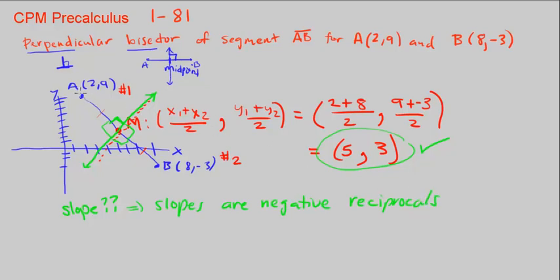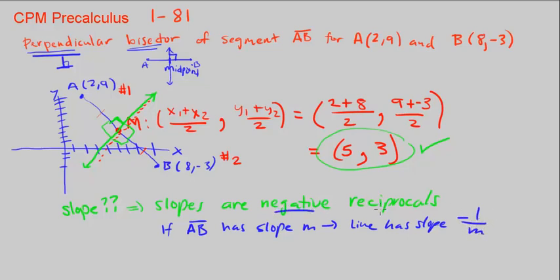So if AB has slope m, then because it's a perpendicular bisector, our new line has slope -1 over m, the negative reciprocal.